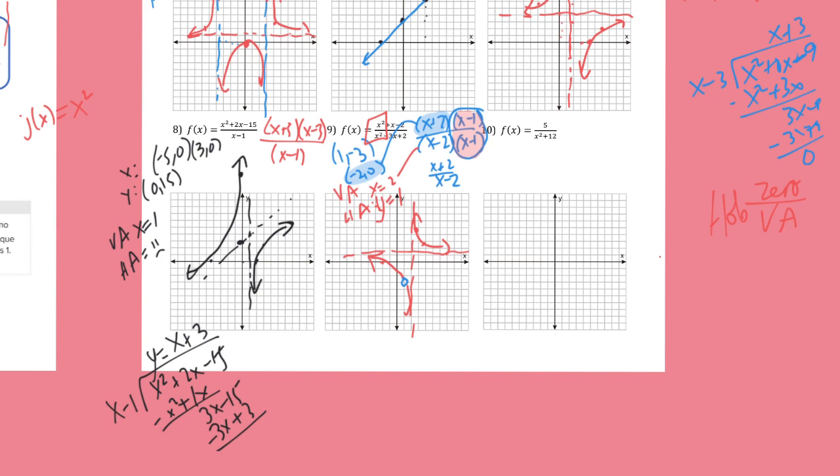There is a horizontal asymptote at y equals 0 because 0x squared over that is going to be 0. If you plug in x is 0, you're going to get the y-intercept to be 5/12. Okay, so that's just up a skosh. And if you look at the graph here, yes, it has a horizontal asymptote, and that's it.